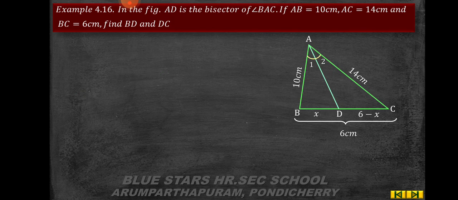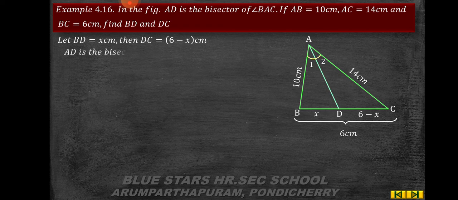Example 4.16. In the figure, AD is the bisector of angle BAC. If AB is equal to 10 centimeter, AC is equal to 14 centimeter and BC is equal to 6 centimeter, find BD and DC. Let BD be equal to x centimeter and DC is obviously 6 minus x centimeter.